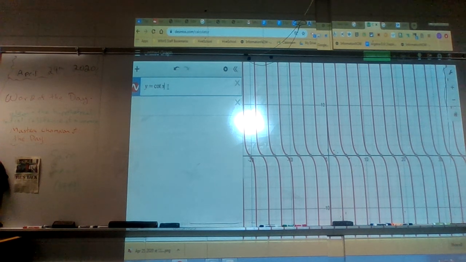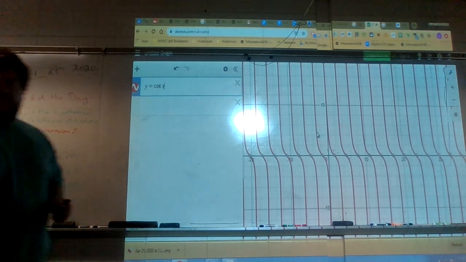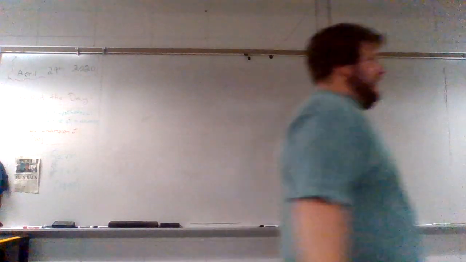If we had more time, I would talk more in depth about the domain and range of all of these, but just be aware that those graphs exist. Okay. Now, back to the inverse trig functions. That was what we really wanted to look at here. Now I'm going to turn this light back on.